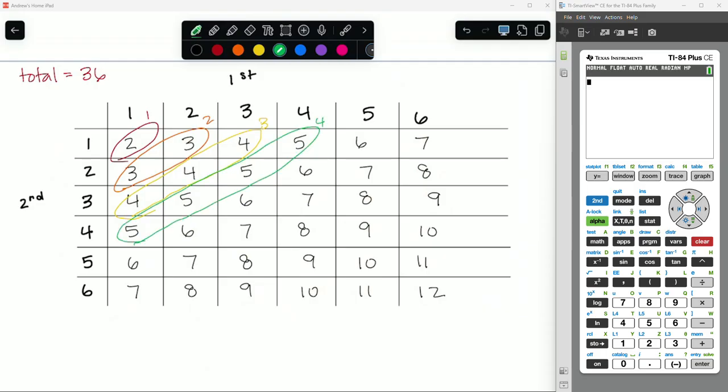1, 2, 3, 4. 5 sums of 6. And then I should have 6 sums of 7. And then it's going to go back down from here. I should have 5 8s.